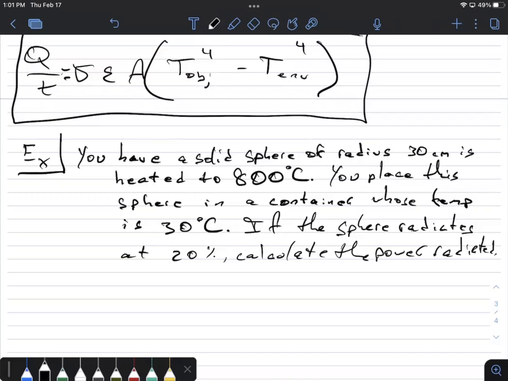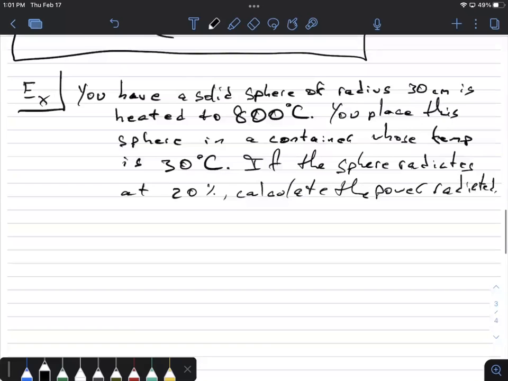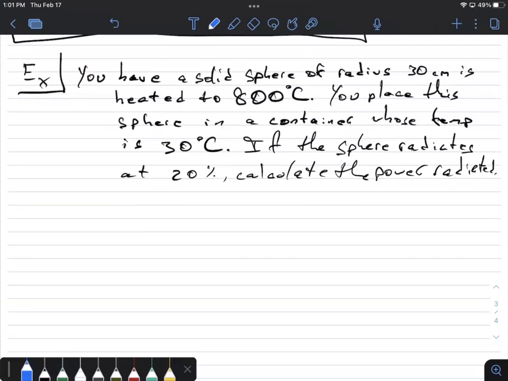In that case, you assume the environment's at 0 degrees. Or 0 Kelvin, I should say. You're in outer space. If I tell you about the environment, then certainly it's important to use it. Well, here I tell you about it, so we have to use the major equation. Power radiated is sigma epsilon A, T object to the 4th power minus T environment to the 4th power.